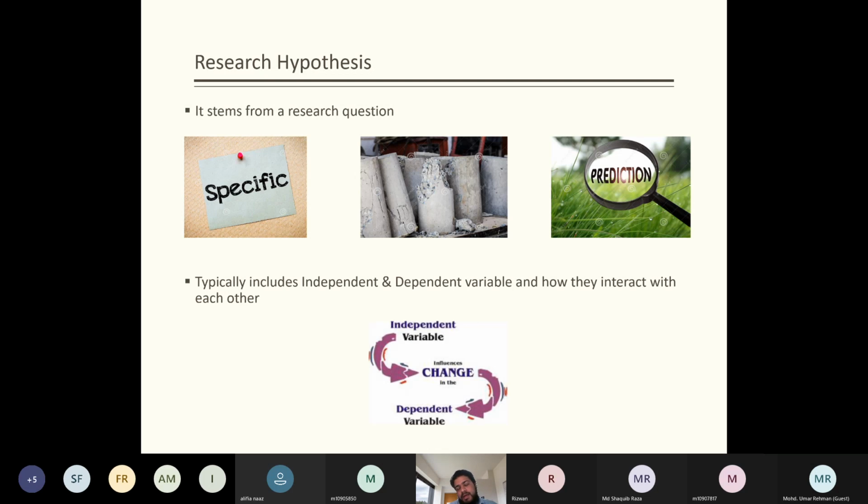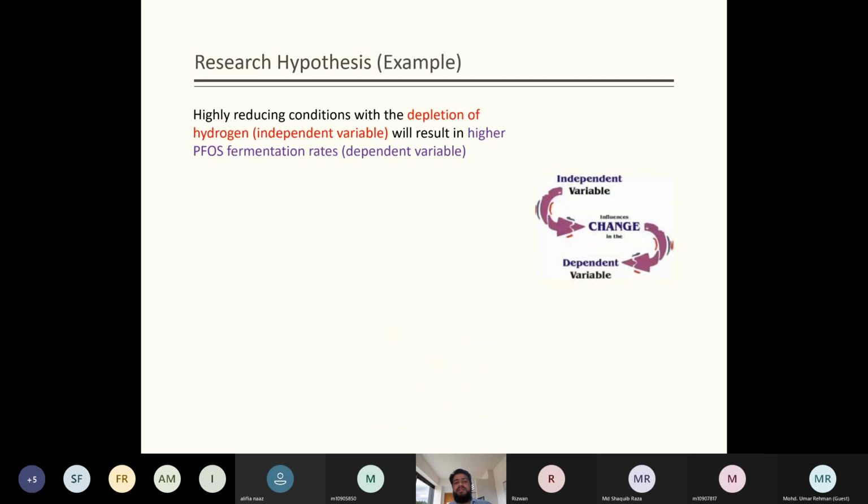Typically, a research hypothesis has two parameters, an independent and a dependent variable, and what you do is try to show the relationship between these variables. The dependent variable, how it depends upon the independent variable, how they interact with each other. For example, this is one example of a hypothesis. Highly reducing conditions with the depletion of hydrogen will result in higher PFOS fermentation rate.